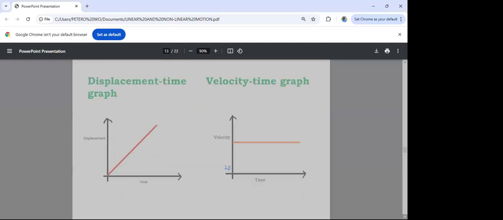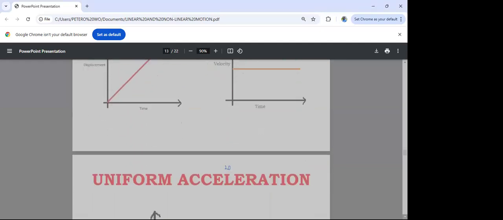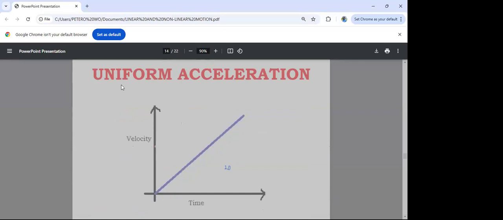Whereas for acceleration, we will only have a velocity time graph because acceleration is defined in terms of velocity.